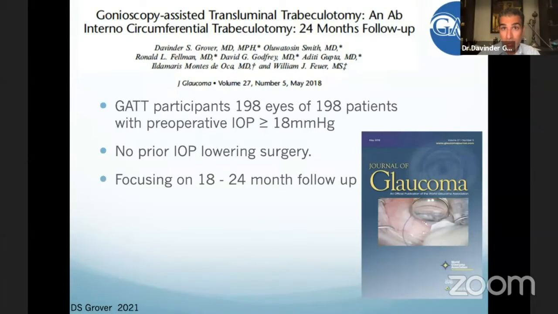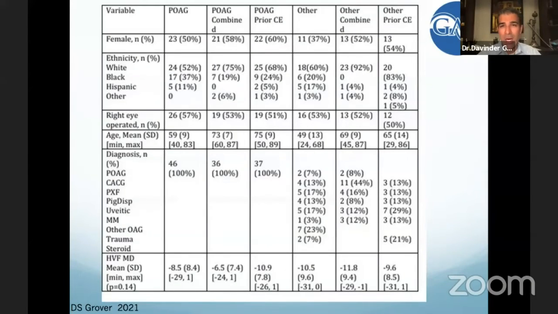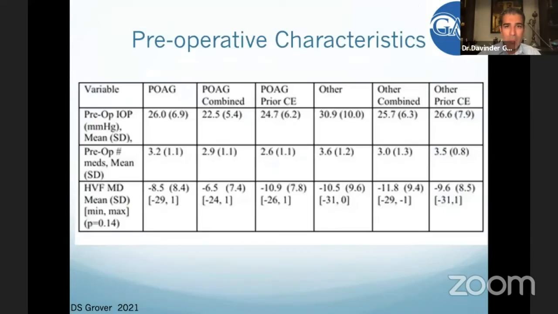Now, we reported our two-year data as well, and I'm going to briefly go through this because it's something you can just read in the article. But the key thing, this is looking at the different groups: POAG, phaco-POAG, pseudophakic POAG, secondary, phaco-secondary, and pseudophakic secondary. Whenever you look at any of these MIGS trials, look at who we're doing this in. This isn't the eye stent data.